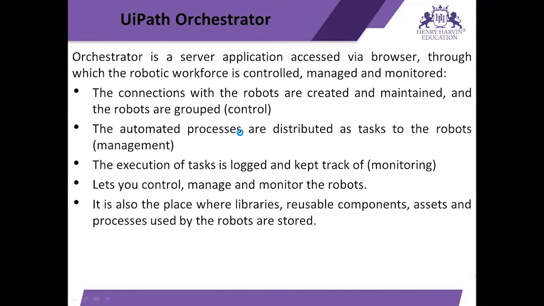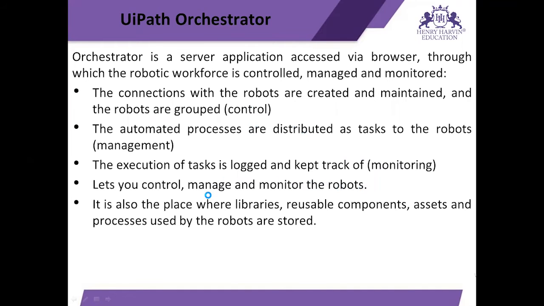The automated processes are distributed as tasks to the robots. This is also the work of Orchestrator. The execution of tasks is logged and monitored. So briefly, control, management, and monitoring are the three main important functions of Orchestrator.